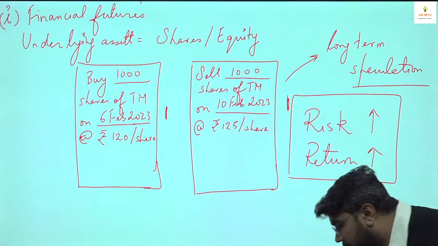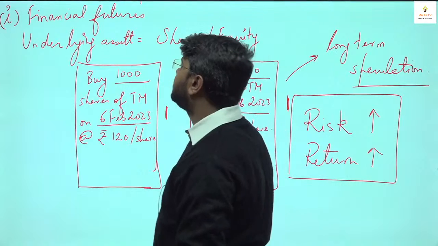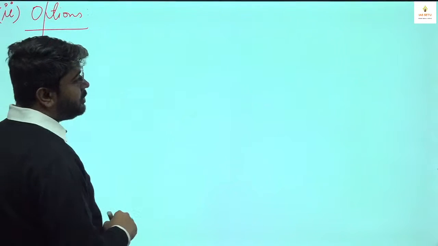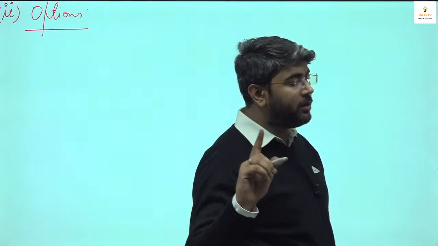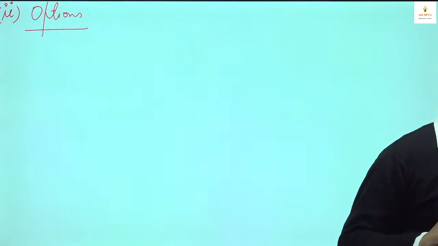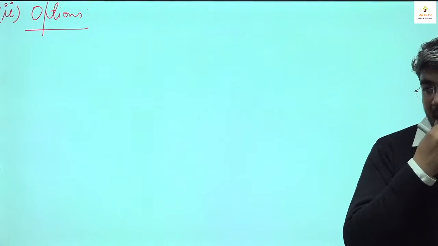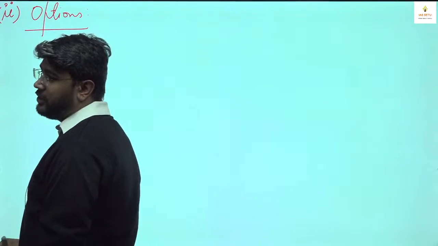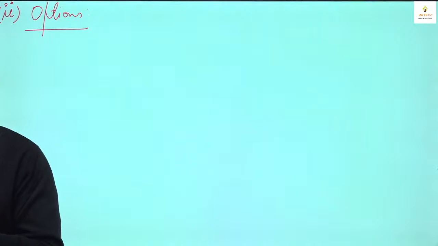Second instrument that I have is in the form of options. In fact, you will be able to relate this with repurchase options, repo rate. You had something in the form of repurchase options, repo rate, right? This is the same, the story comes from there, repurchase. Only here it is not repurchase, it is simply an option.